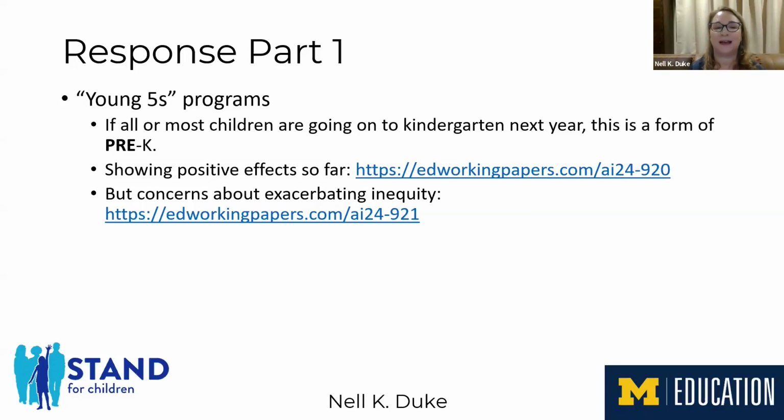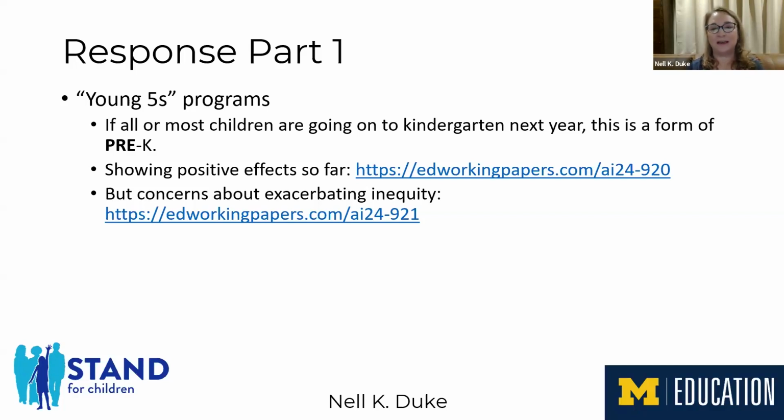And I did verify that with some researchers who've been looking at Young 5's in Michigan, that it's a very small percentage of kids who go from Young 5's to first grade, or they've told me that. So if kids are going to go on to kindergarten the next year, then Young 5's is not kindergarten, it's pre-kindergarten. By definition, it's pre-kindergarten. They're going to go to kindergarten the next year.